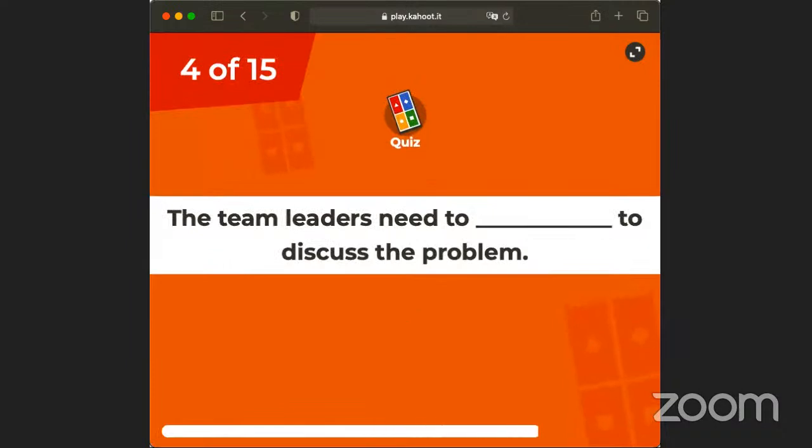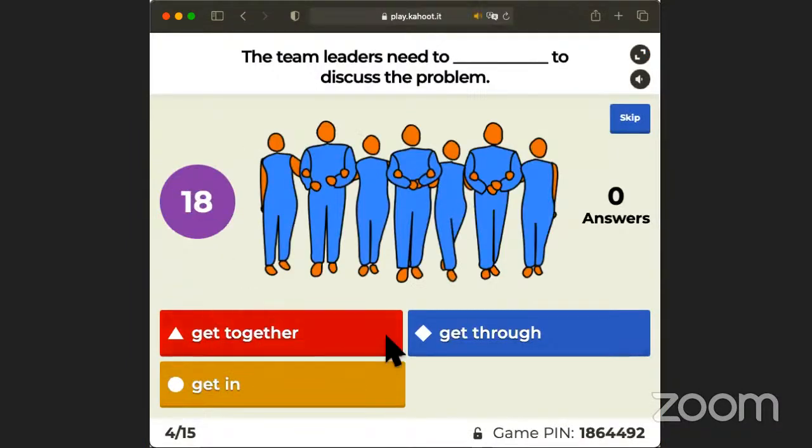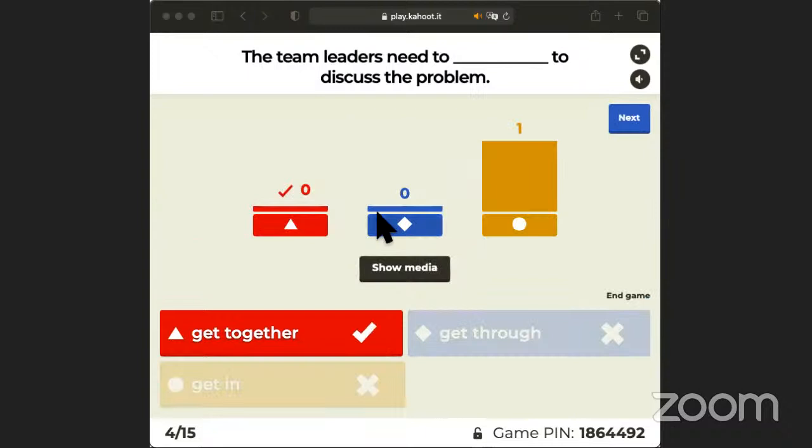Next one. The team leaders need to get together, get through, get in. All right, it was actually get together. Can we read the correct answer, please?